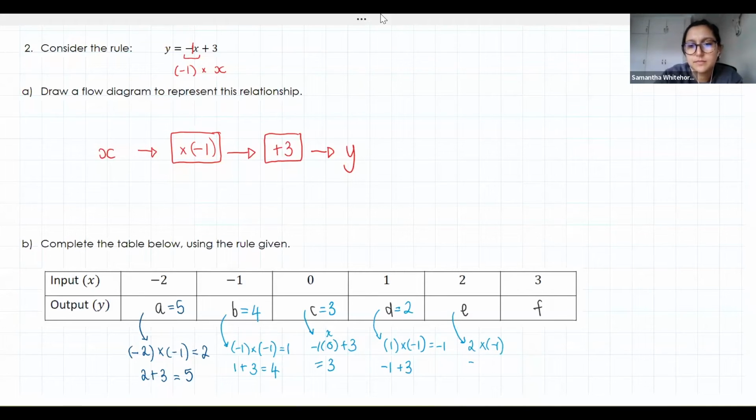Then I added 3, which gave me 1. Perfect. Well done. So guys, again, positive times a negative is a negative. So we get -2, and then we add our 3, and that is how we get our answer of 1.